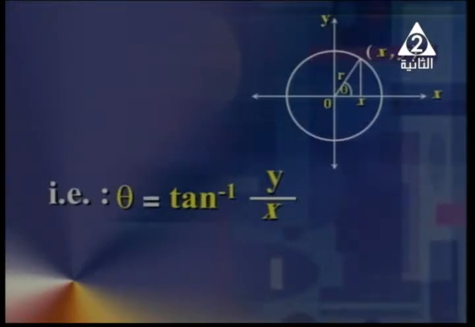When tan theta equals 1, theta equals shift tan of 1, which equals 45. Then when we want to find theta, we use shift tan of y over x.